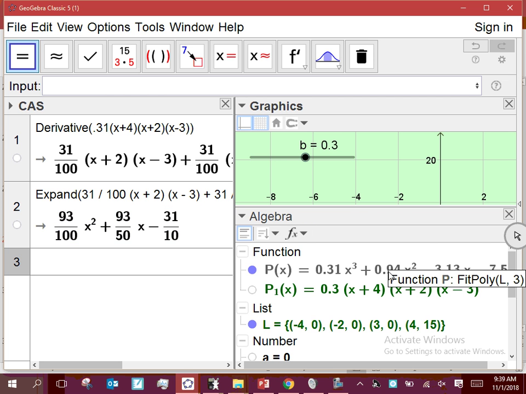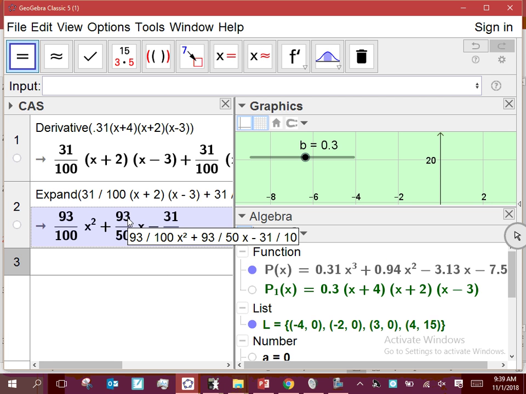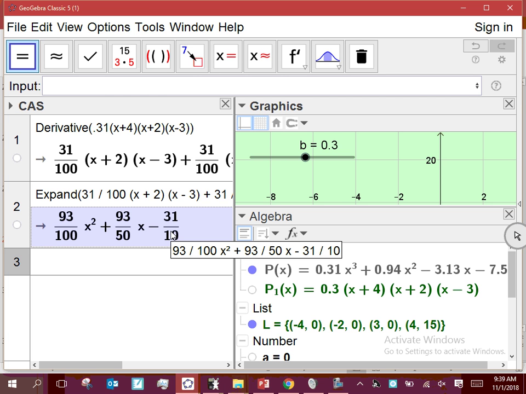Okay, this number here, 0.94 times 2, is going to be 93 over 50 if I change it to a fraction. And then would you guys agree that 3.13 times 1 is 31/10 as a fraction? I don't know why they use fractions. I guess because it's using the derivative process kind of purely. But that gives me that equation.